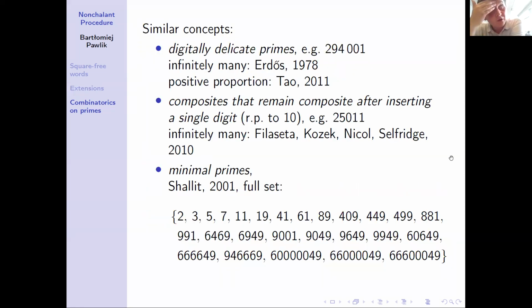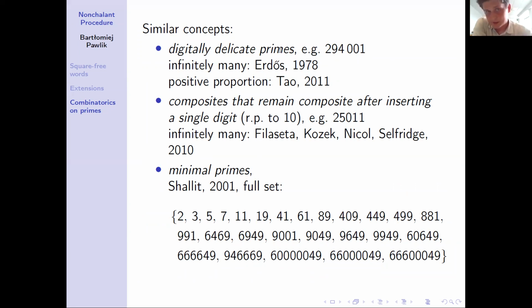When we thought about this and did some research, we saw that there are some similar concepts which were investigated by several mathematicians. For example, there is something called digitally delicate primes. It goes like this: we have a prime and we replace any of its digits by another digit, and every such replacement will give us a composite number.